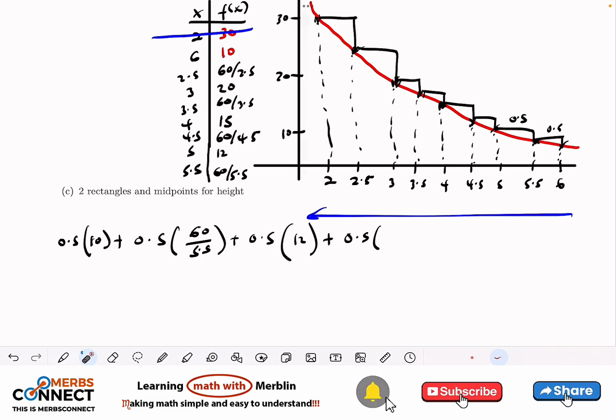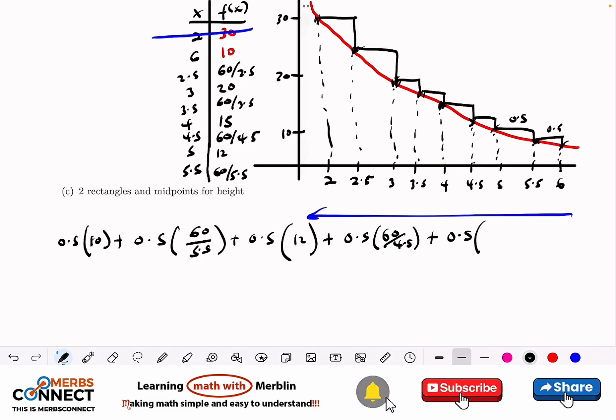The one for 4.5 is going to give us 60 divided by 4.5 plus 0.5 times the one with 4 is 15 plus 0.5 times the one with 3.5 is 60 divided by 3.5, and then plus 0.5.